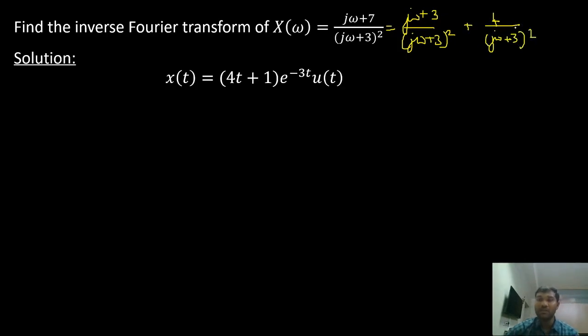We have discussed a similar problem already 2 slides back. So the same procedure you can follow and you will get this answer. This is the inverse Fourier transform for the given Fourier transform.